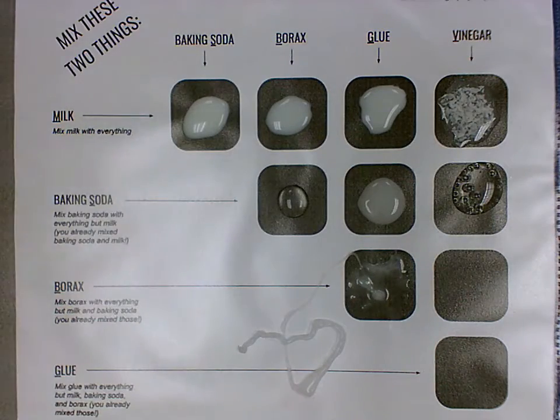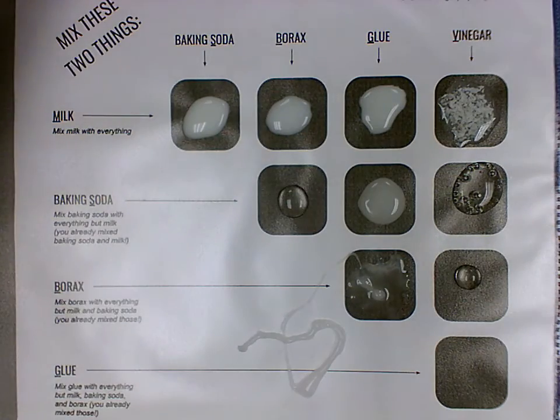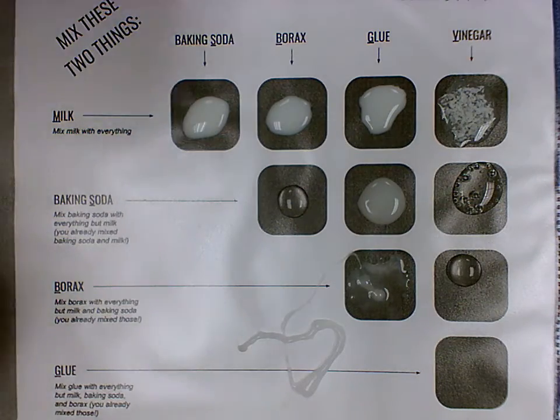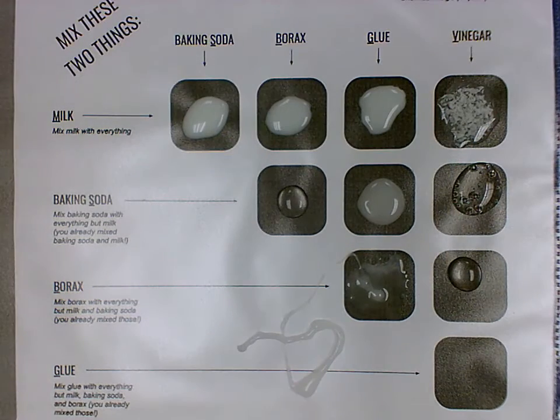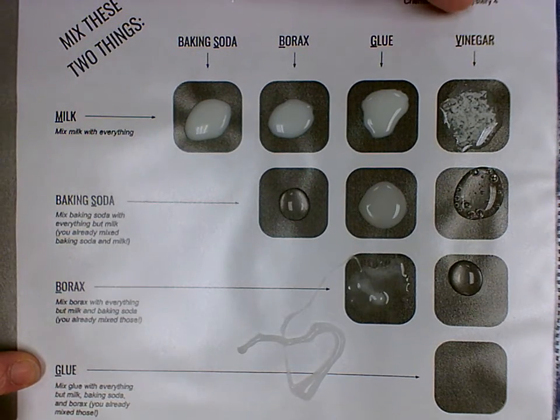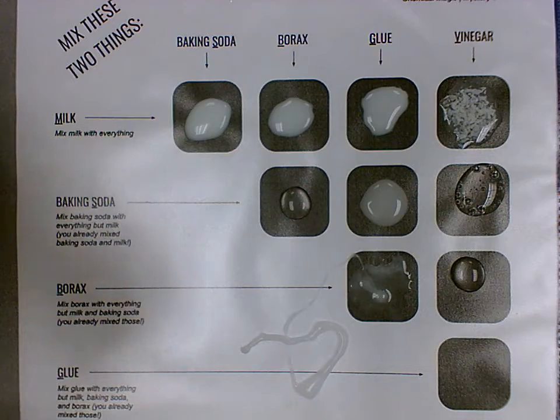Okay, now let's try borax and vinegar. And we'll mix those two together. And then finally, the last two that we need to mix together are glue and vinegar. So here's my glue.